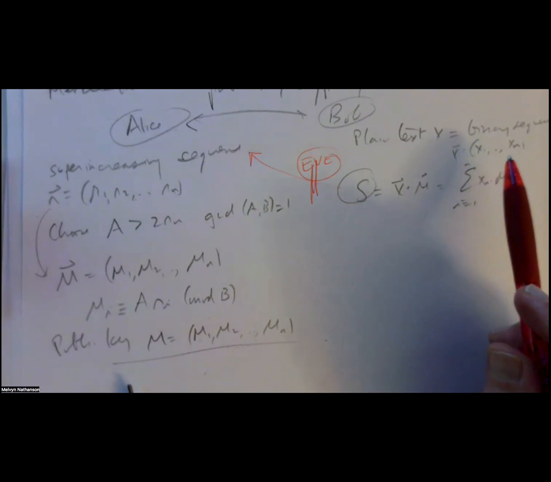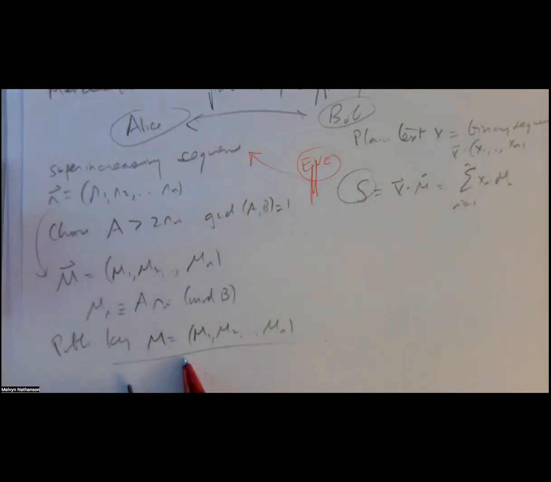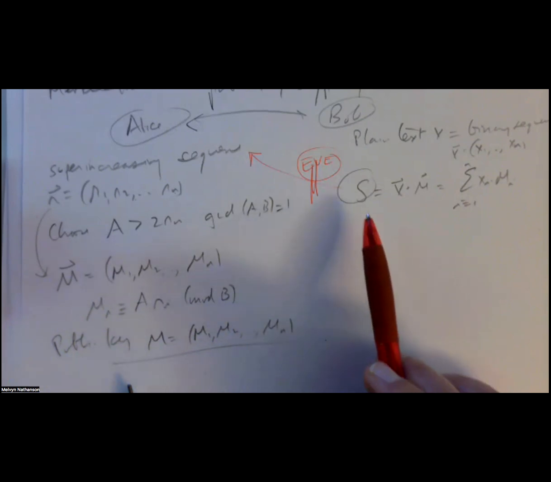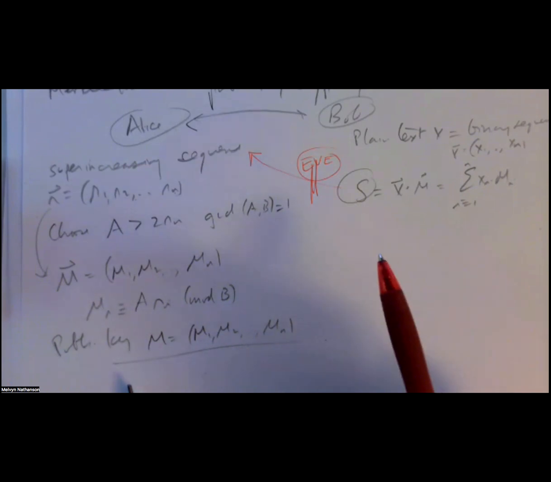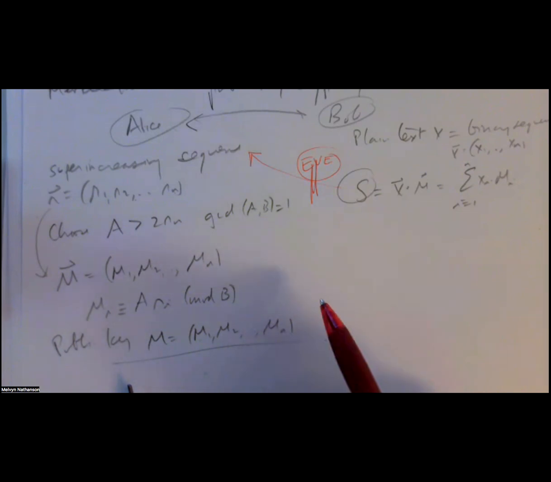But the point is, M is not super increasing. M is just some jumbled up set of numbers. And to figure out what subset of M gives you the number S is hard. Eve can't do it. I mean, in an infinite amount of time she can do it, but she doesn't have an infinite amount of time. So Eve can't do it.